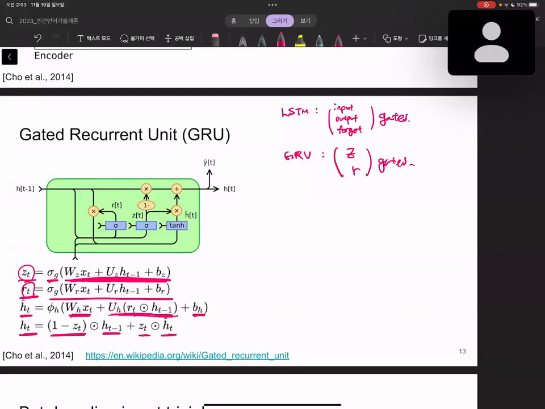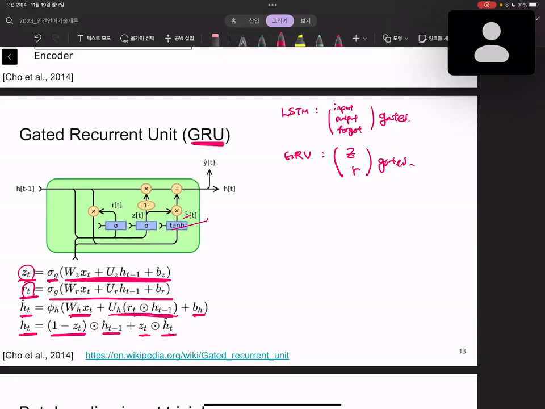So this is the GRU, and you can think that this is very similar to the LSTM, but simpler. So many people use GRU instead of LSTM, but LSTM is also generally used after this GRU paper.